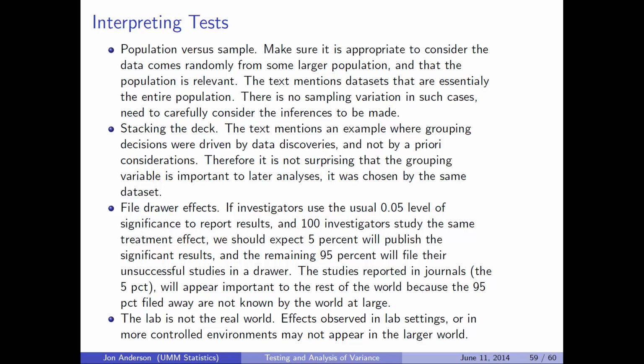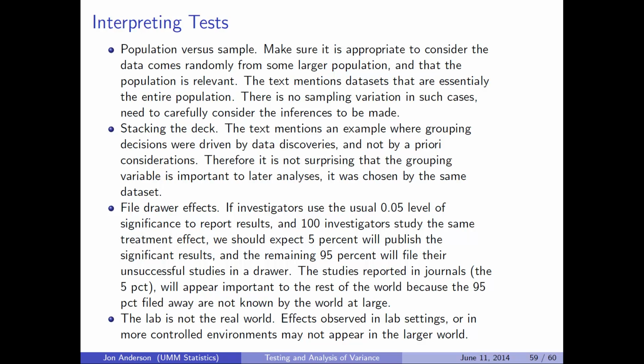The textbook also mentions this idea of stacking the deck, and here's a case where what they're talking about is that you use the data to identify useful groupings according to what's showing up in your data, and then use these groupings to do tests.